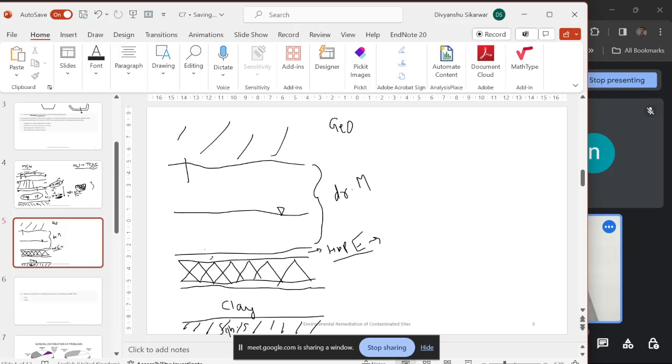If this HDPE layer gets harmed or torn, the leachate will flow downward and come in contact with the geonet. What the geonet does is it doesn't allow downward movement, but it allows lateral movement of the leachate.